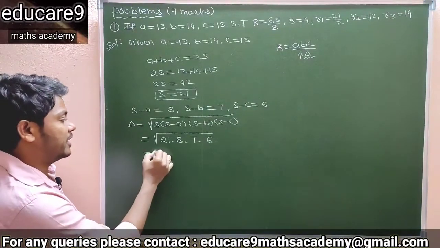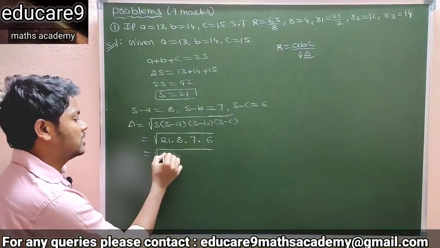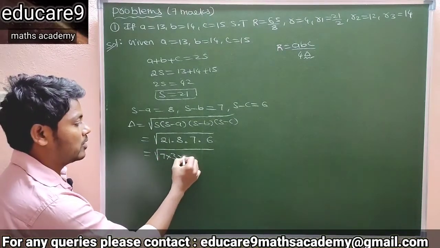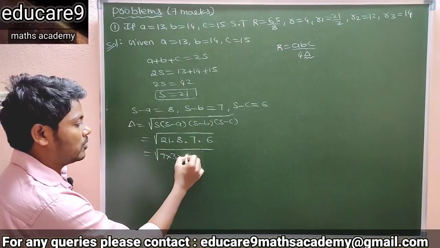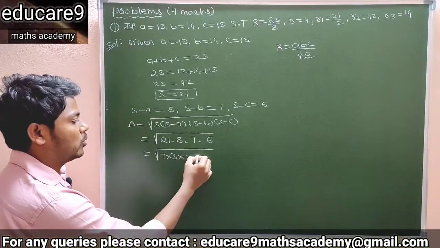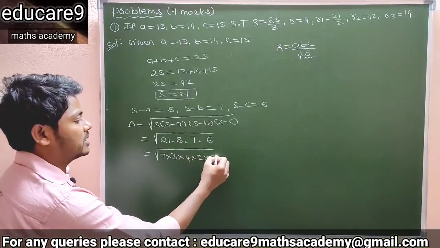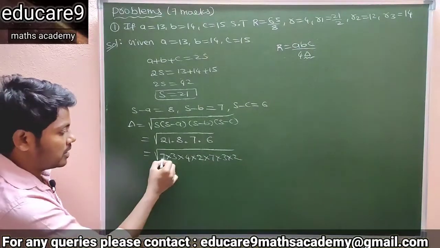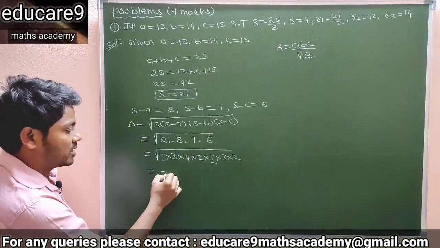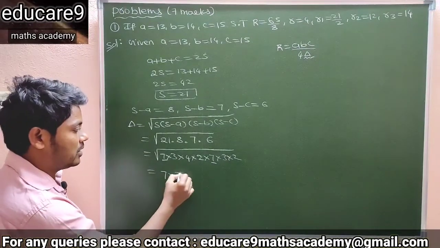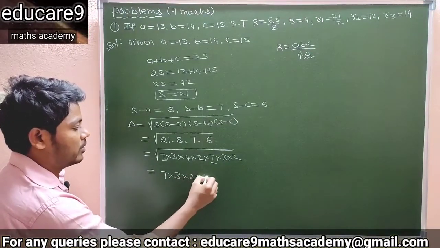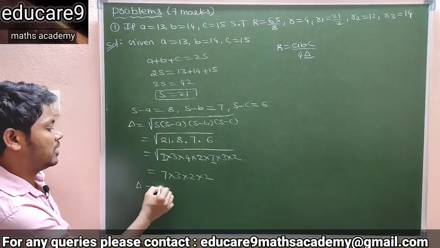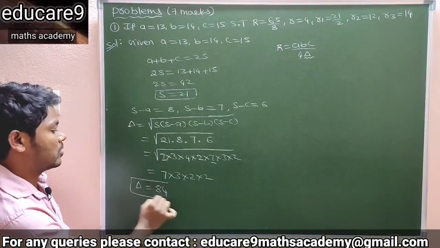Here this can be written as square root of 7 into 3, and 4 into 2, into 7, into 3 into 2. Here 7 and 7 give one 7, here 3, 2 and 2. Clearly delta is equal to 84.